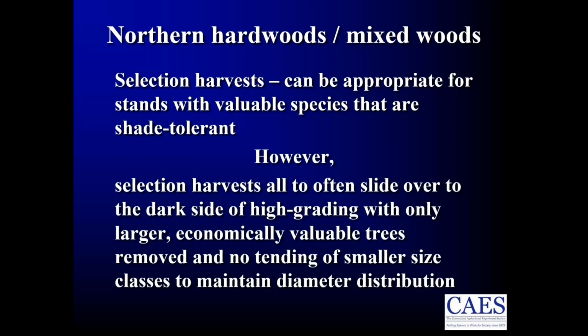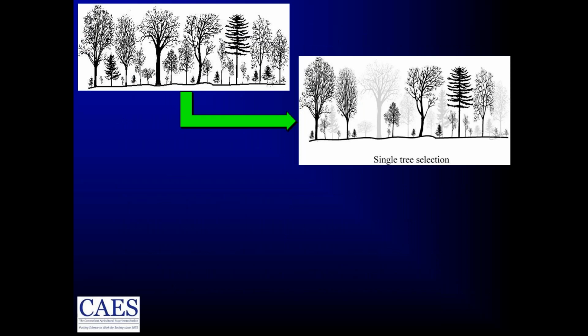The problem is selection harvest, all too often, slides into high grading because people have to make payments. Loggers have to make payments on their iron. Landowners need some money. And a lot of times there's really no tending of the smaller size classes to try to get that diameter distribution and that species distribution. So how does this happen?